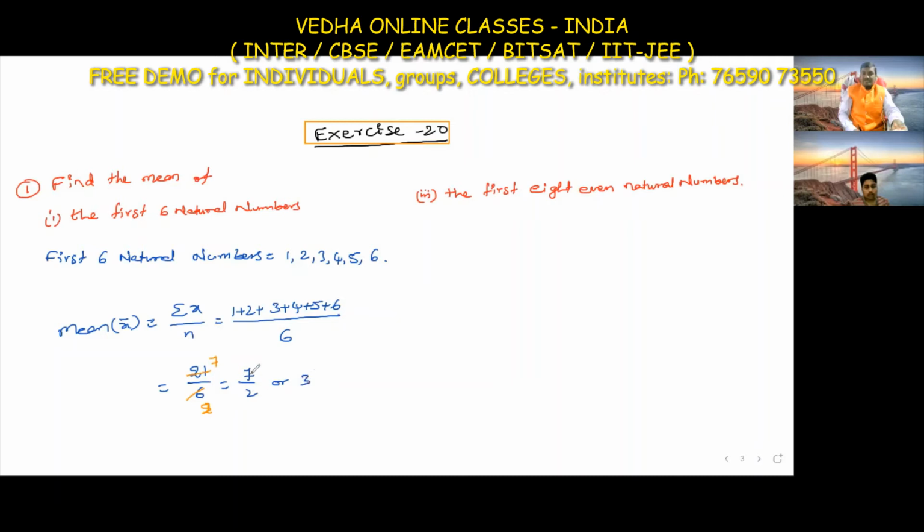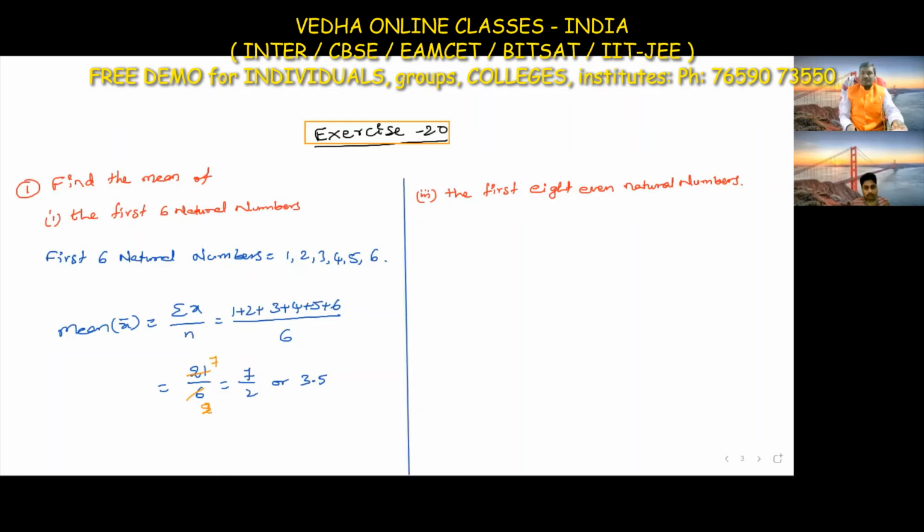What is the average? 3.5. The average will always be in the middle of the observations.